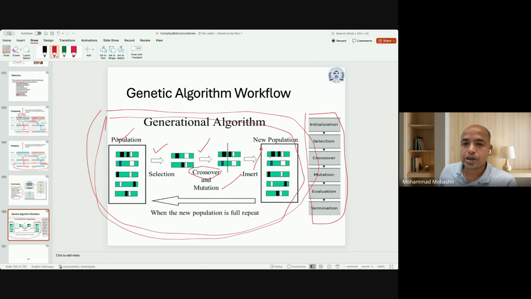And this new population will be different from the initial population. Basically, the next step population is different from the previous step population because you are allowing crossover and mutation or training the model. That is all about genetic algorithm.